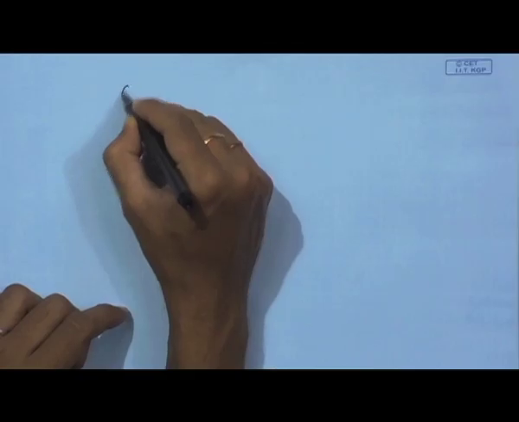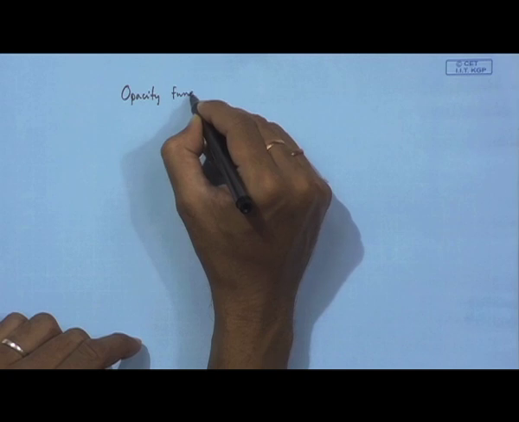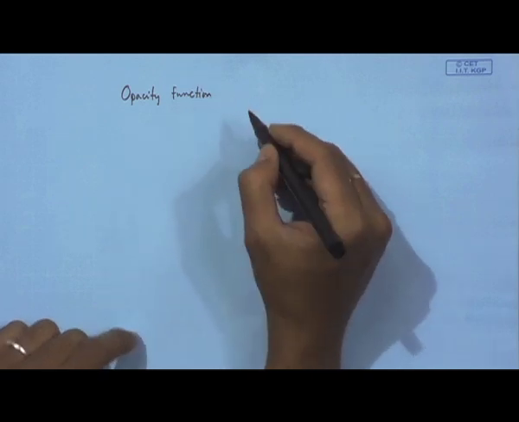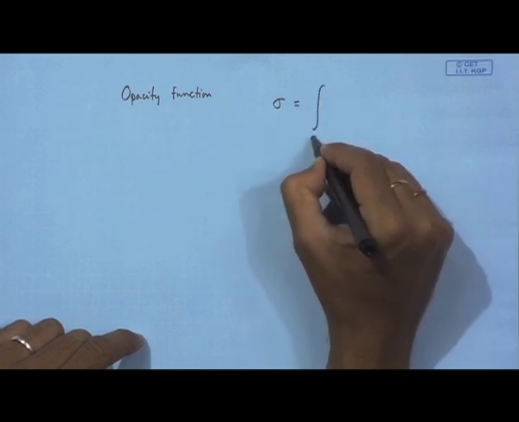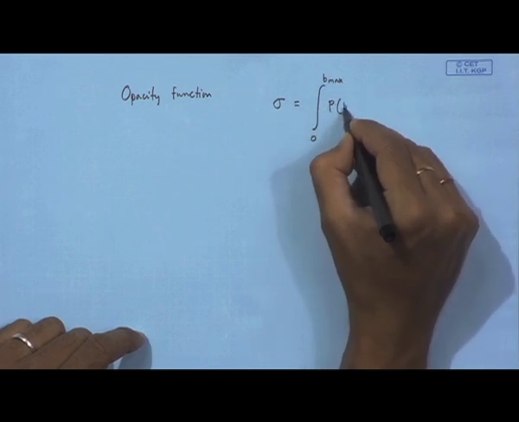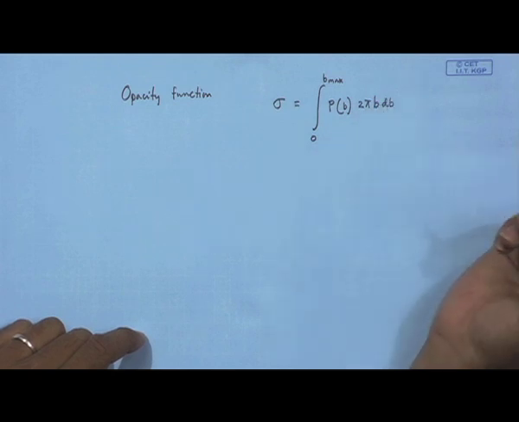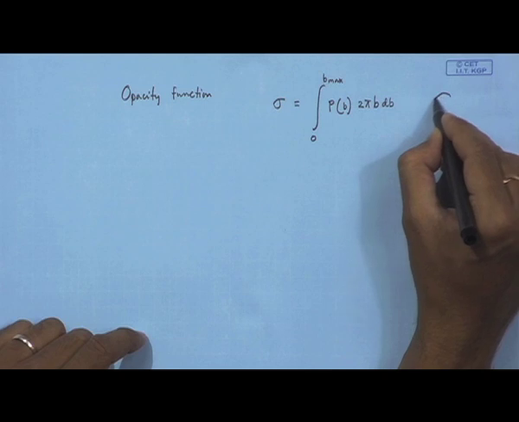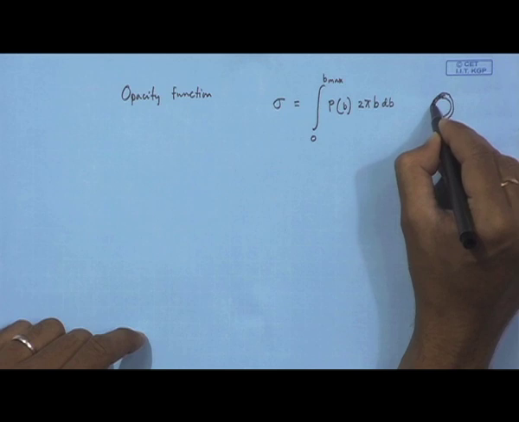Okay. Now, what is this opacity function or reaction probability function? Let us try to understand it. So, remember the expression, cross section sigma is equal to integral 0 to B max P B into 2 pi B d B. So, 2 pi B d B is coming from this area.